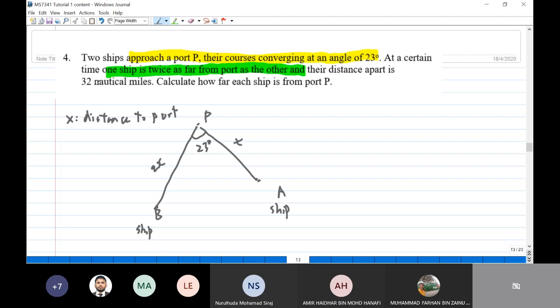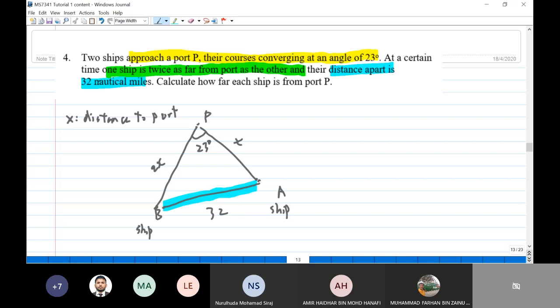And in between, the distance at that moment is 32. So another piece of information, the distance apart is 32 now. So that means this is 32 now. You can join them. This distance is 32. Right?